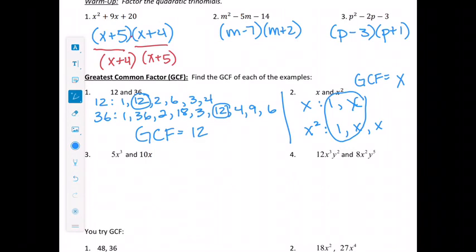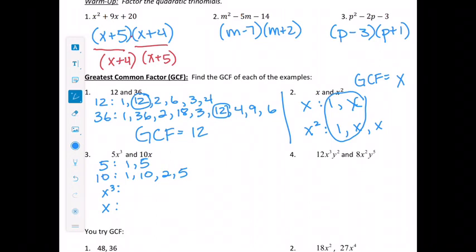Number three, now we have the coefficients and the variable parts, two different parts: the numbers and the letters. Let's look first at the 5 and the 10, and then at the x cubed and the x. Factors of 5: just 1 and 5. Factors of 10: 1, 10, 2 and 5.